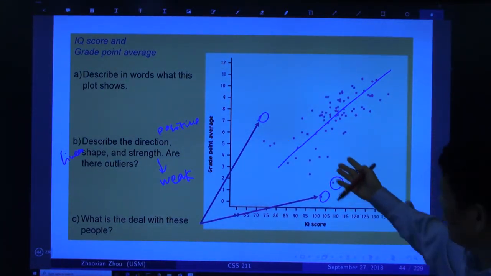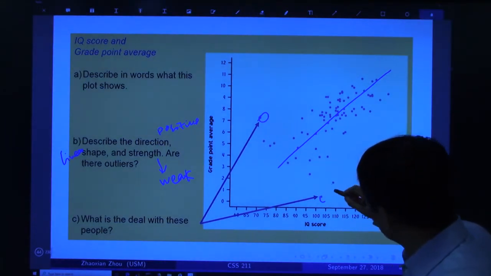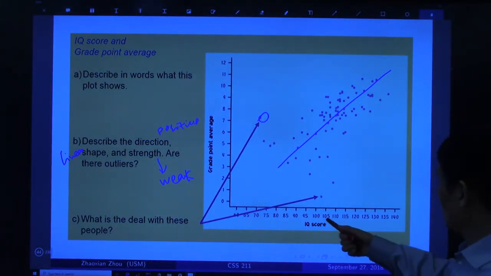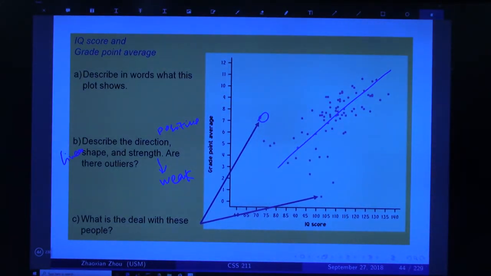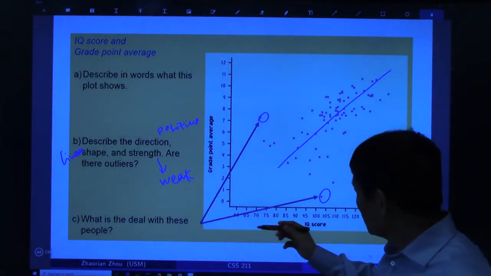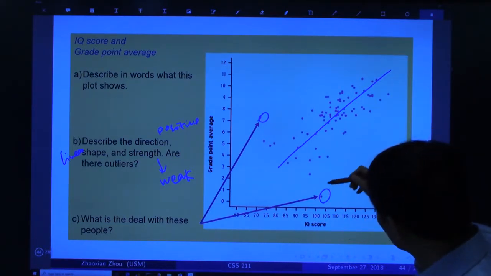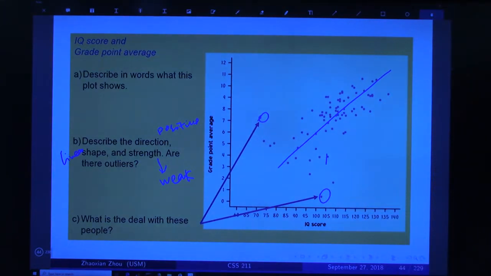Once we find these outliers, we want to know what happened to them. The first guess is your data was measured incorrectly. For example, the IQ score is not correct, or it is something else. But suppose all the data are correct, then what happened to this one? Look at here, the IQ score is not that low. It is almost right in the middle, 103 or 104 something.